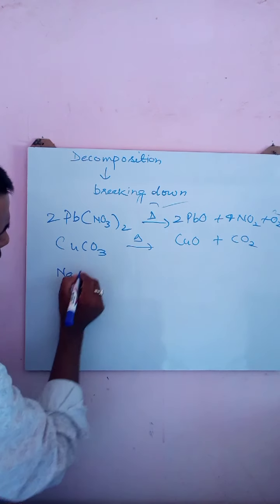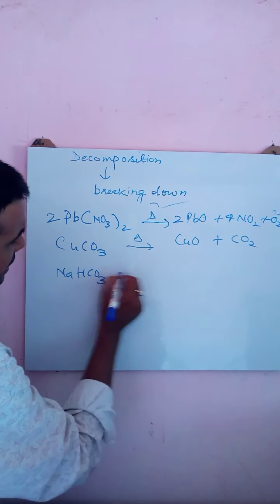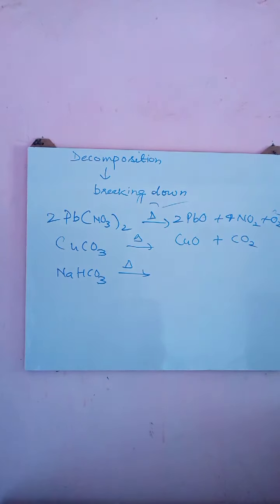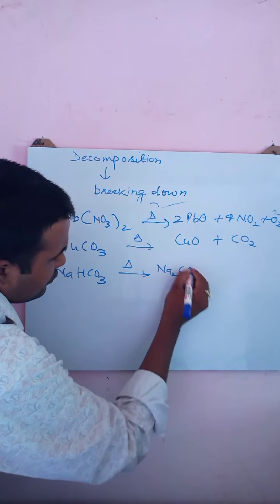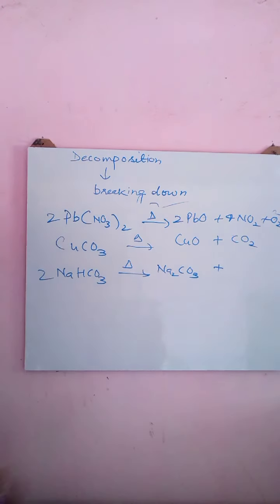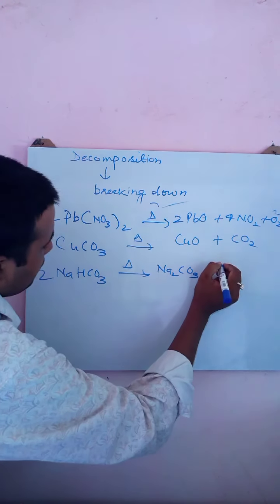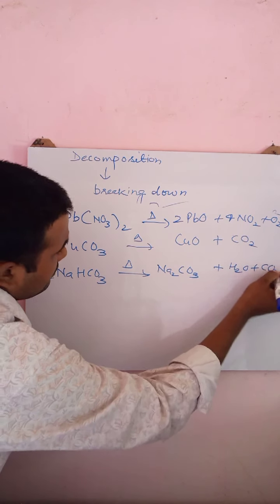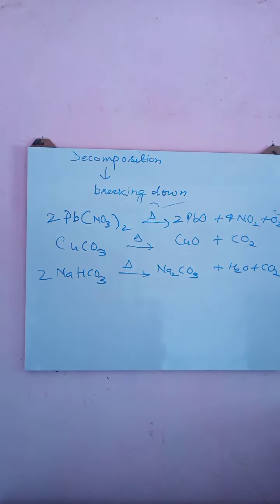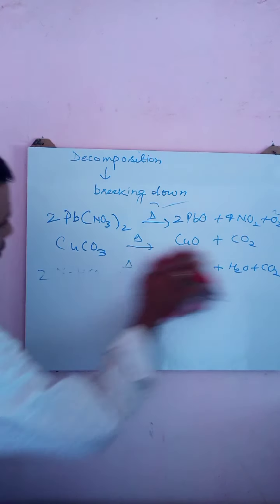Sodium hydrogen carbonate, NaHCO3, undergoes decomposition in the presence of heat energy to form Na2CO3 plus H2O plus CO2. Such kind of chemical reaction is known as thermal decomposition reaction because heat is used as a source of energy to decompose a reactant.